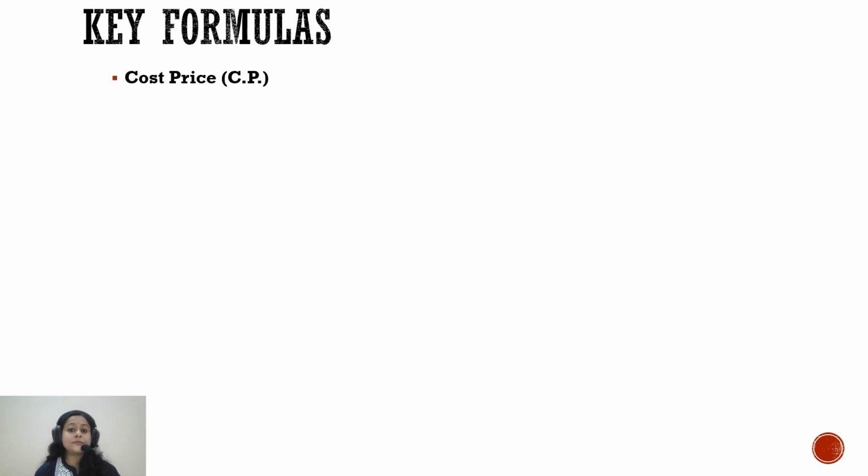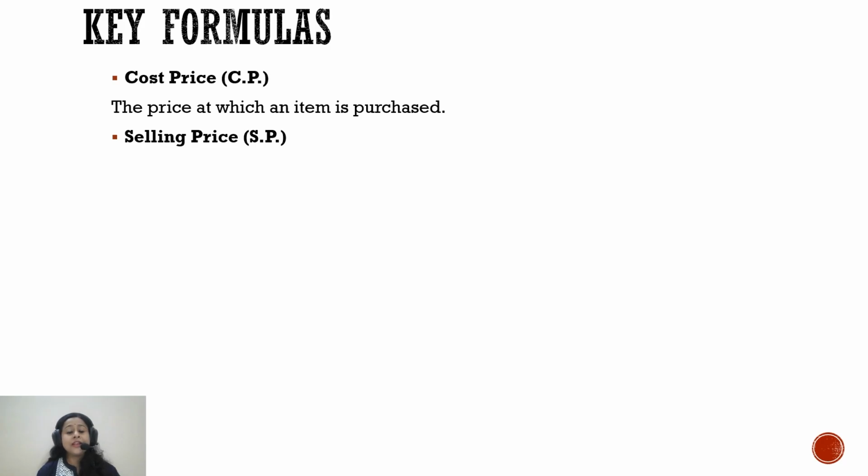The cost price tells us the price at which a seller purchases a particular product or item from the market. On the other hand, selling price is the price at which the seller is actually selling the product to his customers, right? So obviously, if the objective of a seller is to earn profit, selling price will always be greater than cost price.